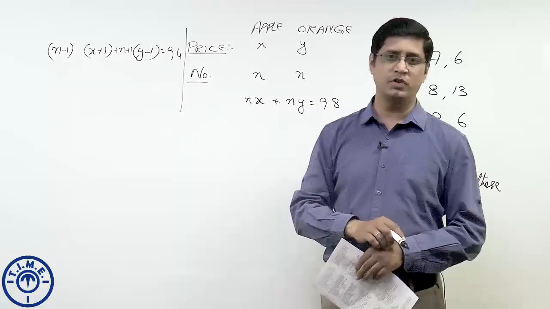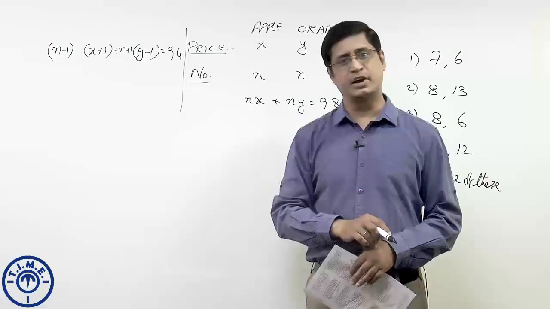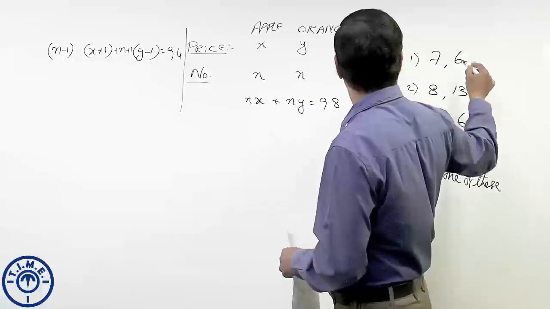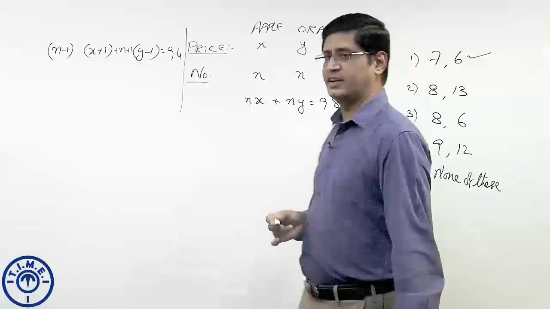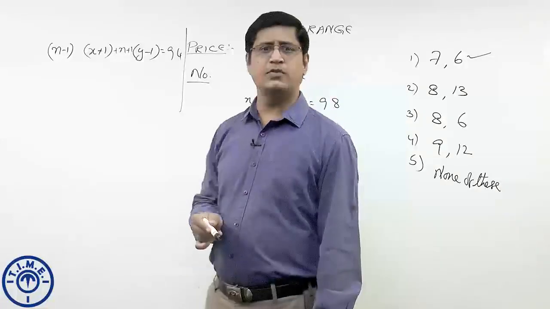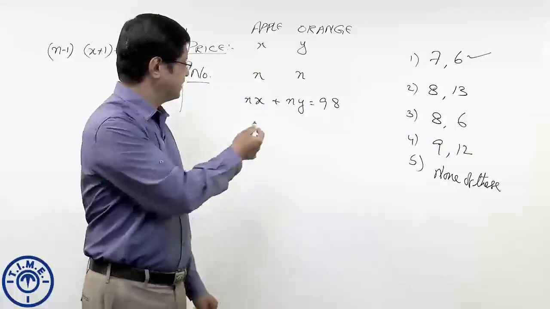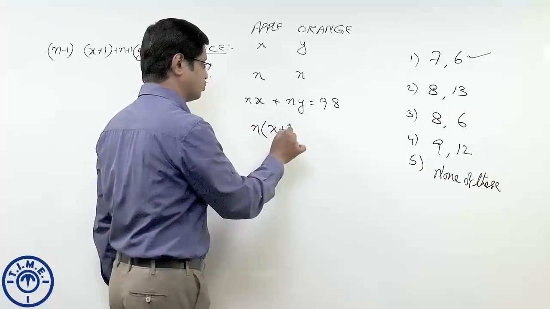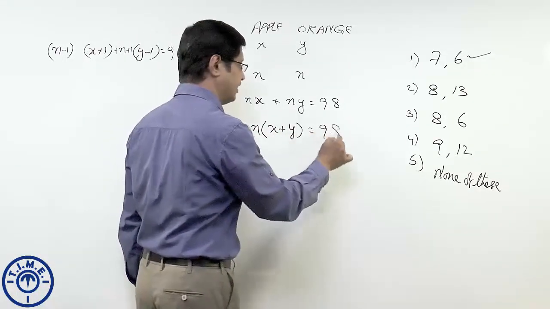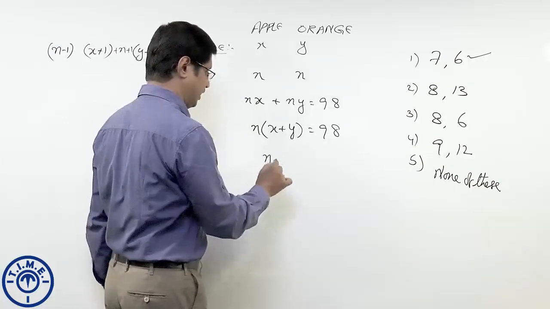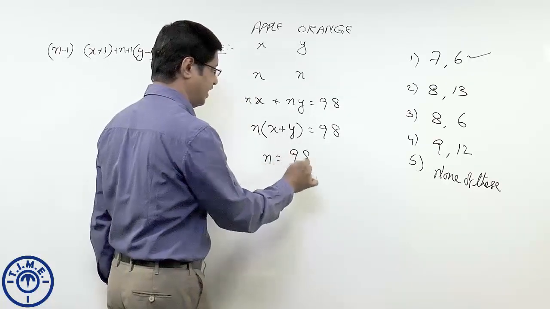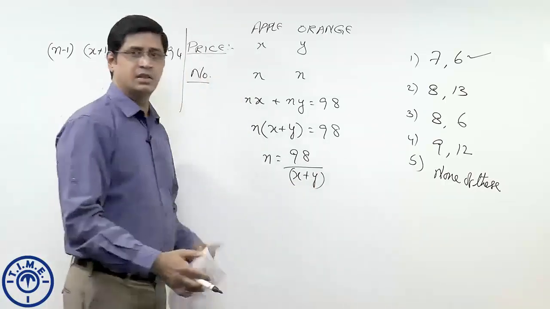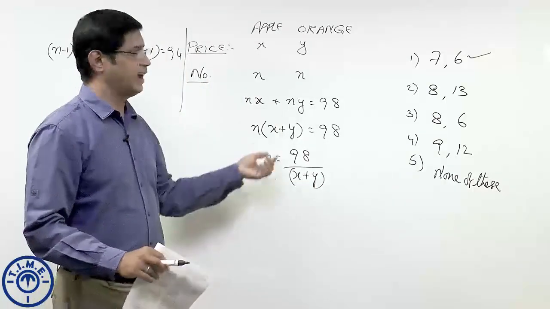Now, we need to check which option satisfies the given conditions. Let us try option number 1, which is 7 and 6. If you substitute the values in the first equation, n is common, n times x plus y equals 98. So, n is equal to 98 by x plus y, where x plus y is the sum of the prices of an apple and an orange.